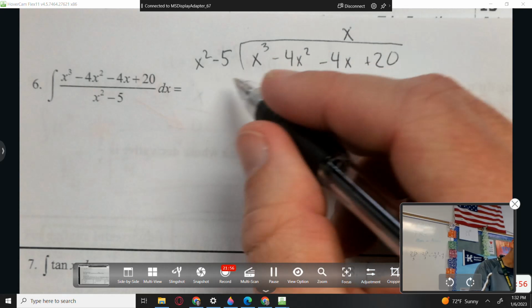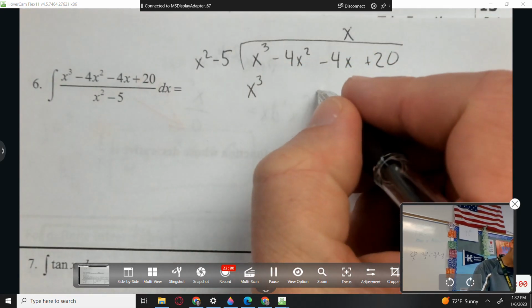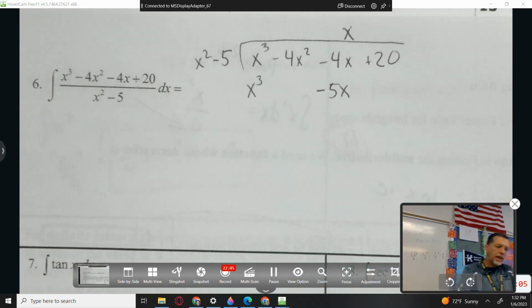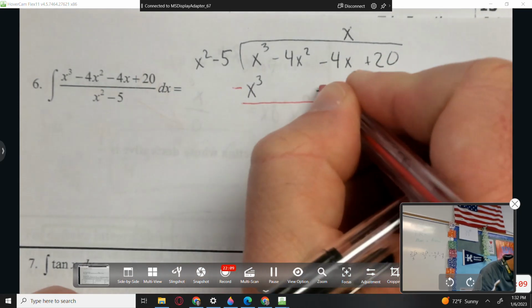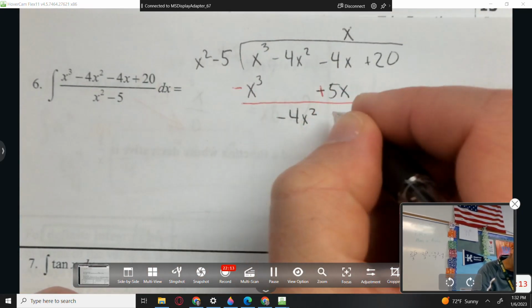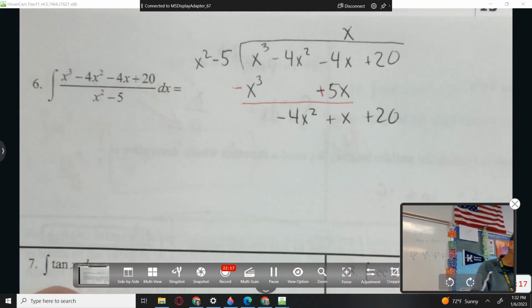And then we multiply it back. So x cubed minus 5x. And then just like in 4th grade, we'll subtract those things. So negative 4x squared plus x. Bring down the 20.